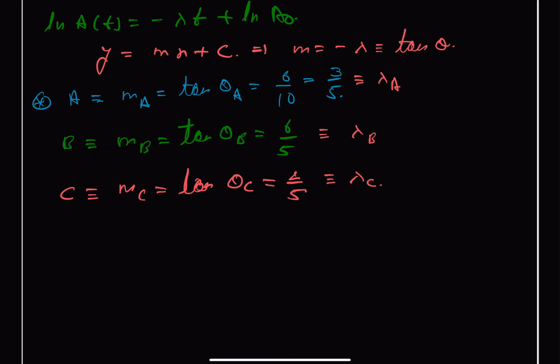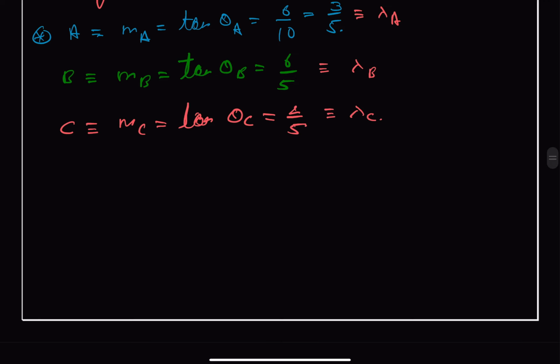And the standard formula for half-life we already know. So we can say T half is equal to natural log of 2 divided by lambda.